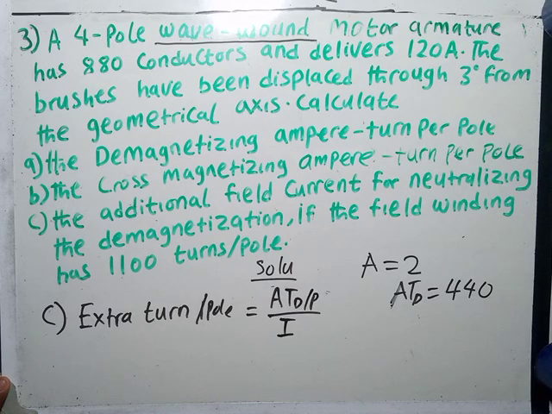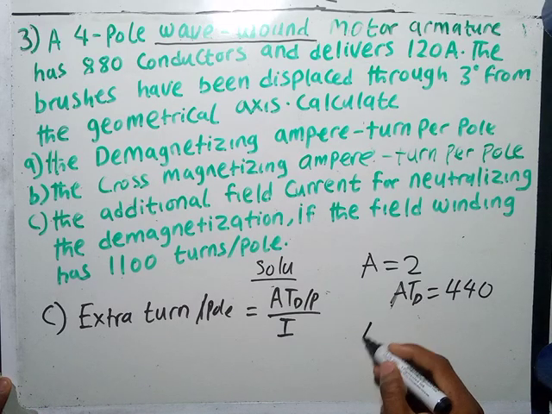Now, in case you're wondering what this extra turn is: our armature reaction is as a result of your armature producing flux, and similarly your stator or your field magnet is also producing flux. So these fluxes kind of clash or interfere, or they have an impact on each other. The impact that your armature flux is having on your field magnet, we call your armature reaction.